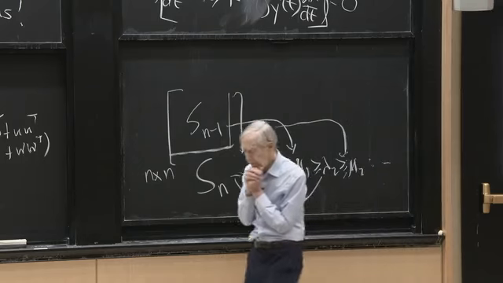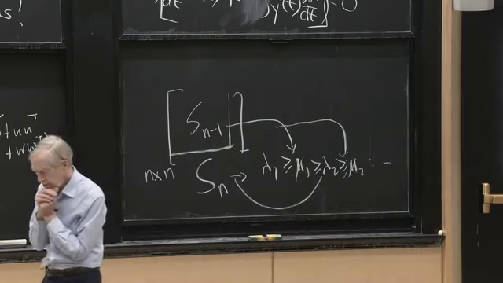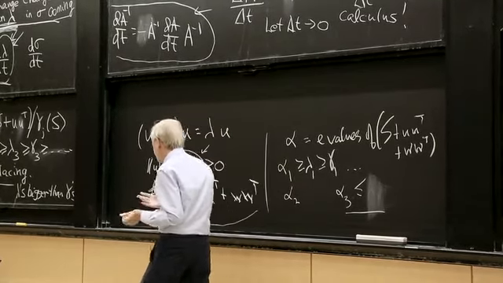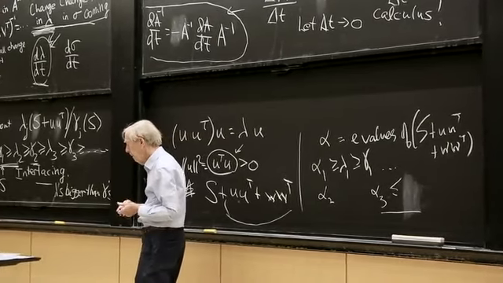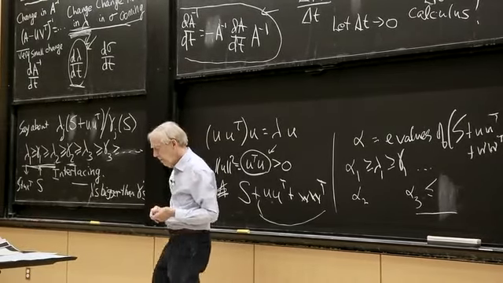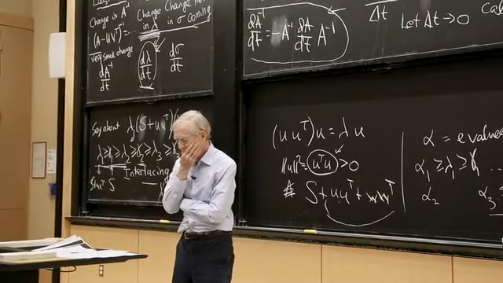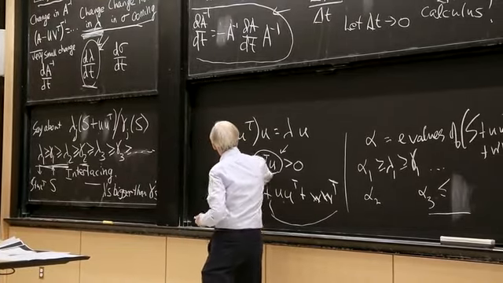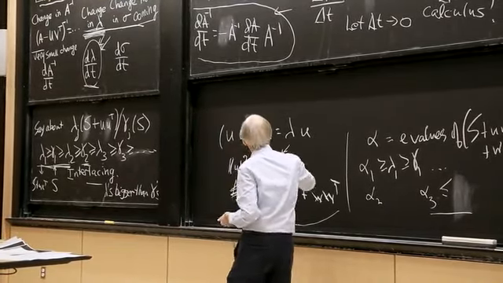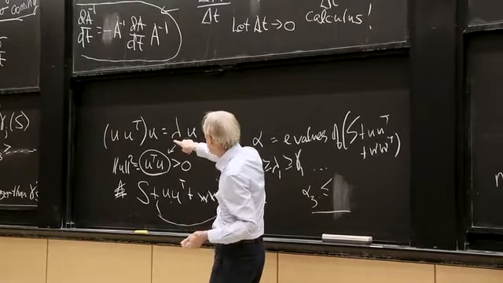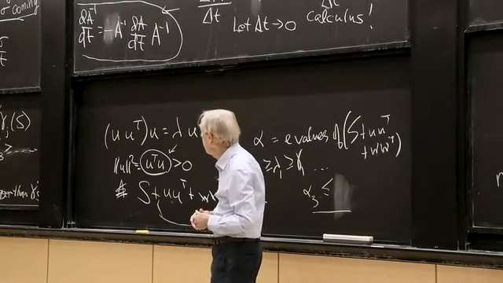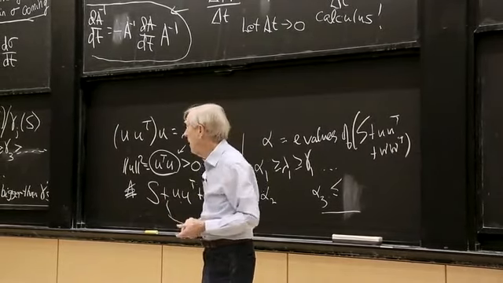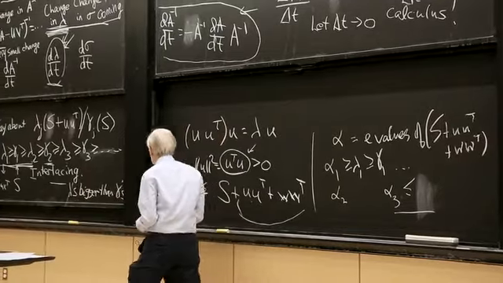Okay, now I have one final mystery. Let me try to tell you what worried me. Suppose this u, this change that I'm making, is actually the second eigenvector of S. Can I write this down?